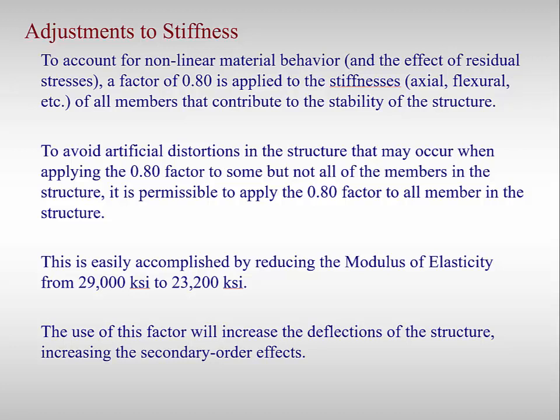One way to handle this is to just reduce the modulus of elasticity by 80%. So instead of using 29,000, you end up using 23,200 ksi. And this is going to increase the deflections of the structure and will increase your second order effects.